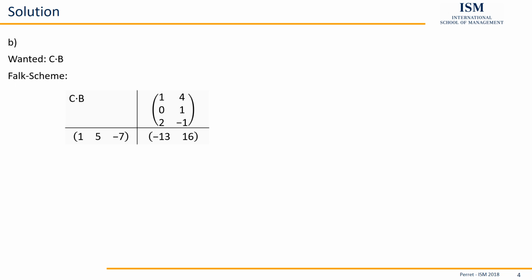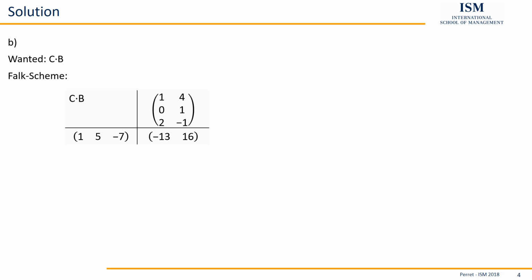And also what we need to recall, before we know whether we actually are able to multiply two matrices, we need to assure that the number of columns in the left matrix equals the number of rows in the right matrix. Here we have a 1 times 3 matrix times a 3 times 2 matrix, so this is fulfilled. This also can be seen here in the fork scheme. There are actually fitting mixes here.